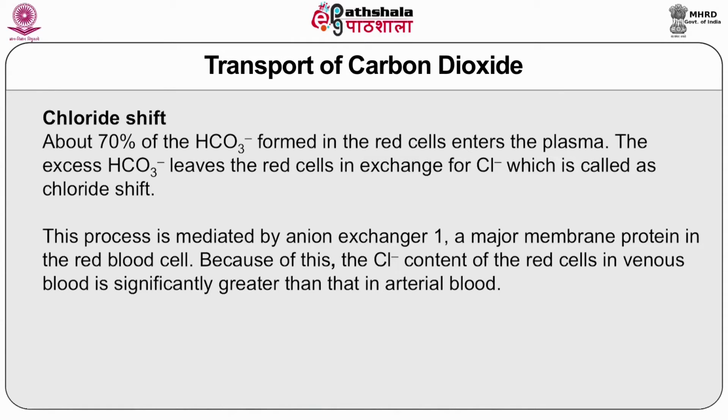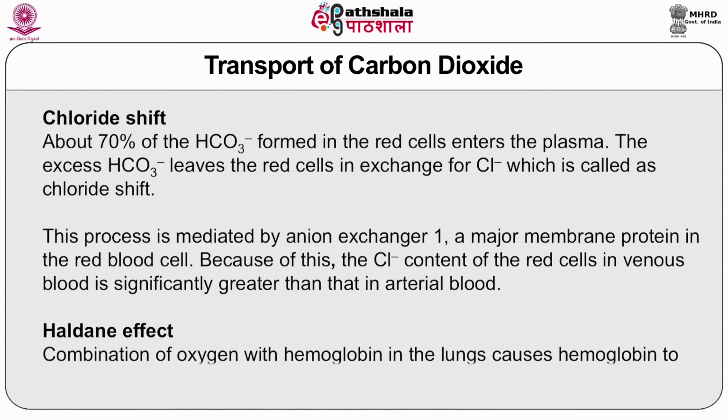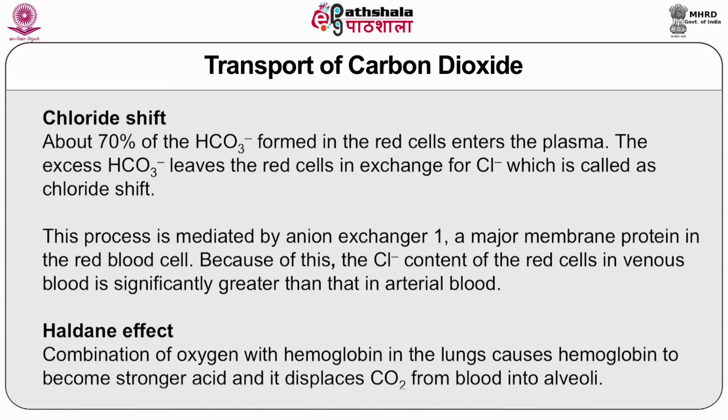Because of this, the chloride content of red blood cells in venous blood is significantly greater than that in arterial blood. So, what is the Haldane effect? Combination of oxygen with hemoglobin in the lungs causes hemoglobin to become a stronger acid, and it displaces carbon dioxide from blood into the alveoli. This is called the Haldane effect.